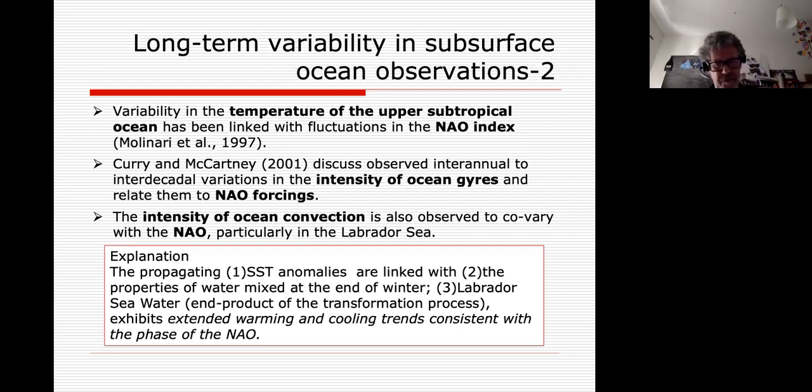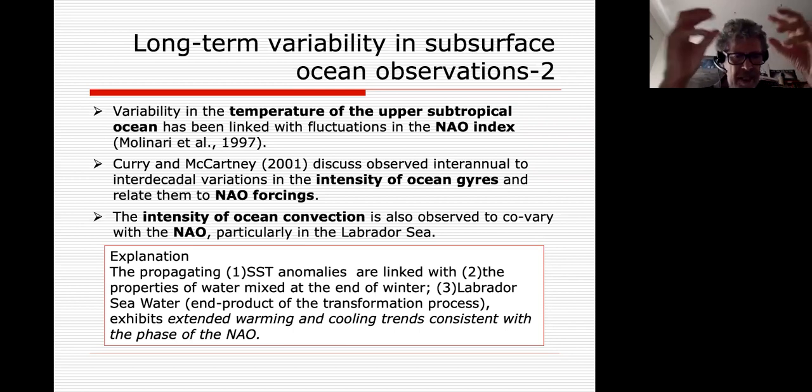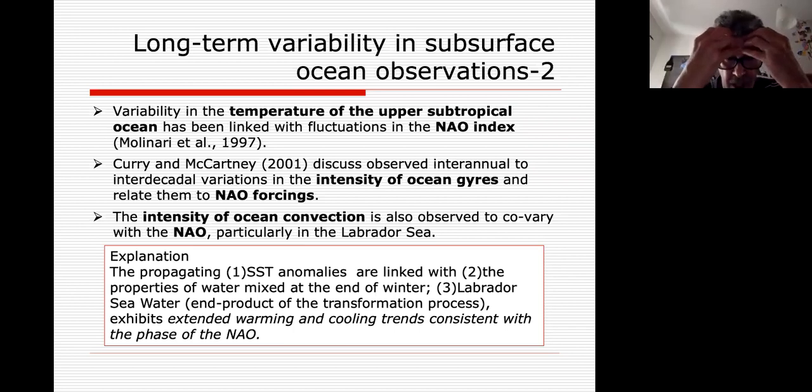The explanation for the ocean convection as a dynamic explanation is the fact that the SST anomalies propagating are linked to the property of water mixed at the end of the winter.